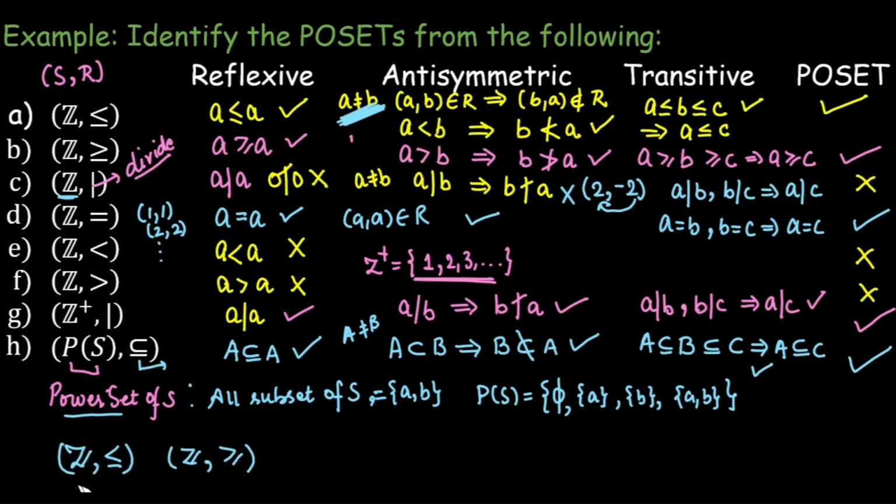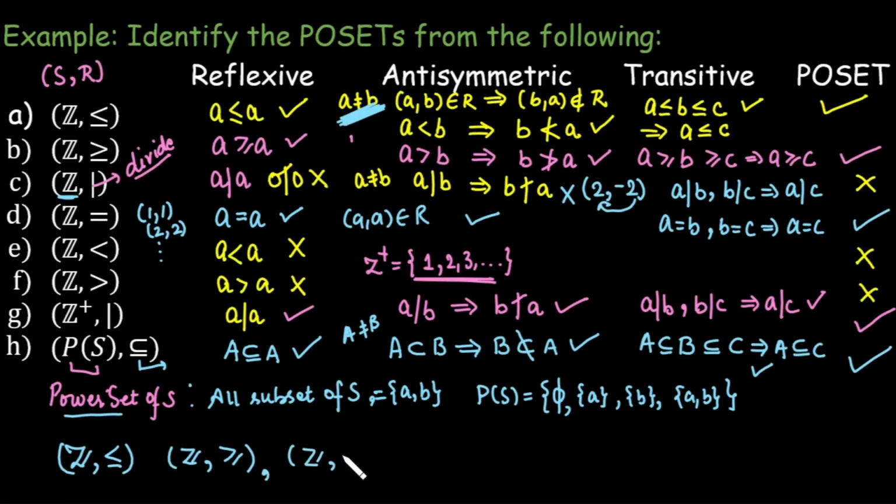So remember that the set of integers with less than or equal to, greater than or equal to, as well as the equality relation defines a POSET. Moreover, the set of positive integers with the divides relation and the power set with subset are POSETs.